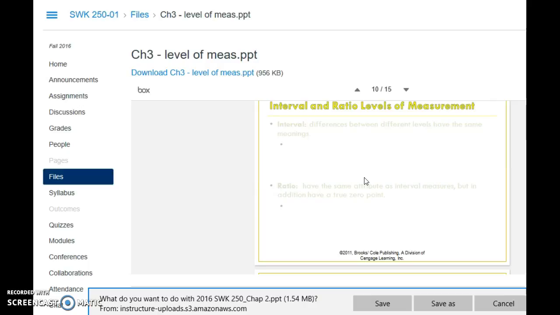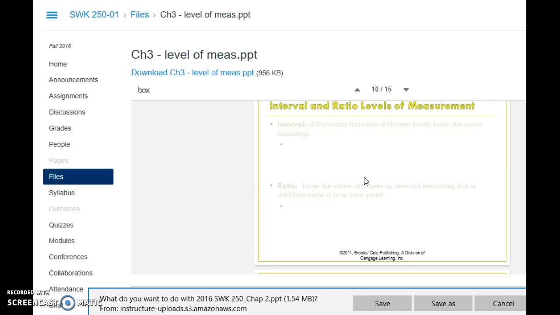You know that the 24-year-old is older than the 22-year-old by exactly 2 years. We couldn't have done that with an ordinal level variable because we can't say exactly how much more the next category is compared to the one before it.